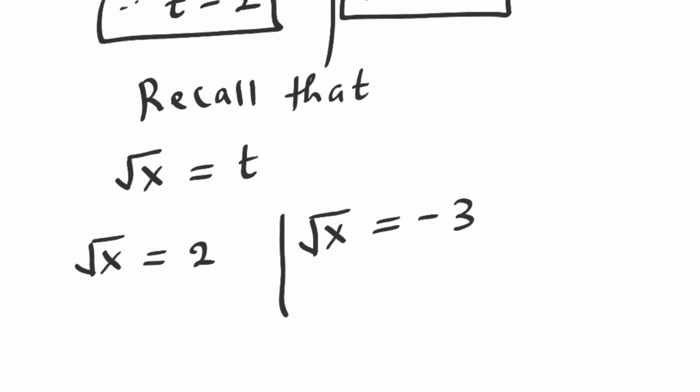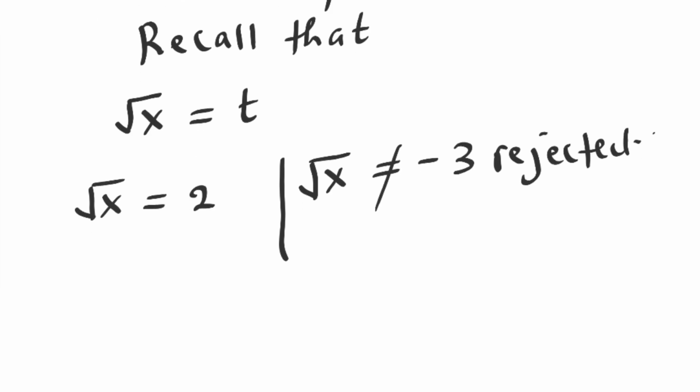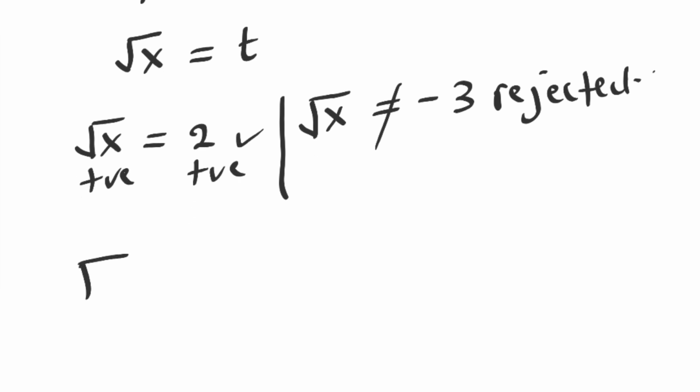But here, square root of s cannot be equal to negative 3. This is rejected. Then here, this is positive and this is positive. So we consider this solution. Square root of s is equal to 2.